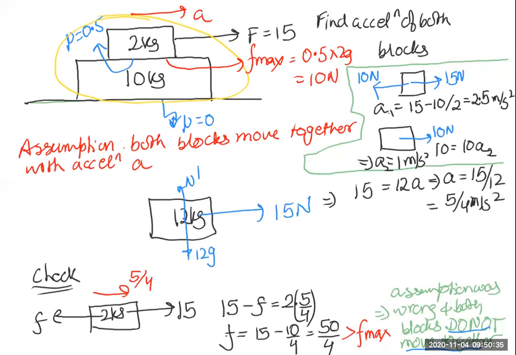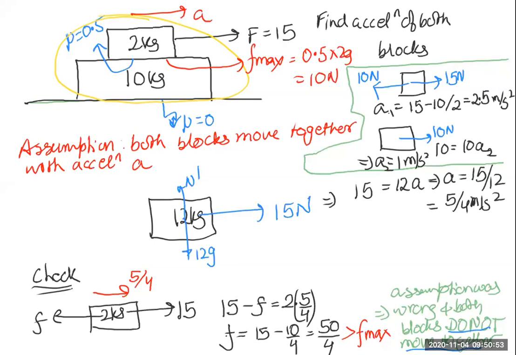Whenever you see two blocks, assume that they are moving together and find the acceleration. After having found the acceleration, you will find the friction between the two blocks.